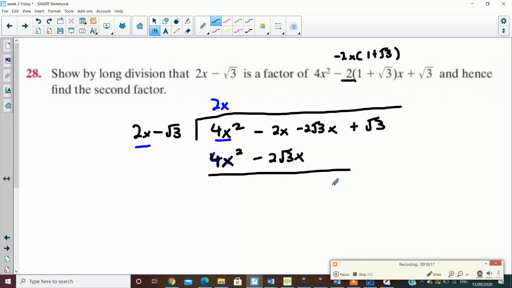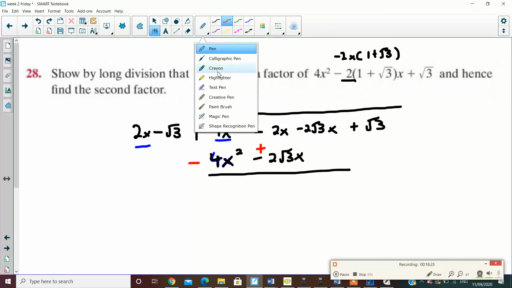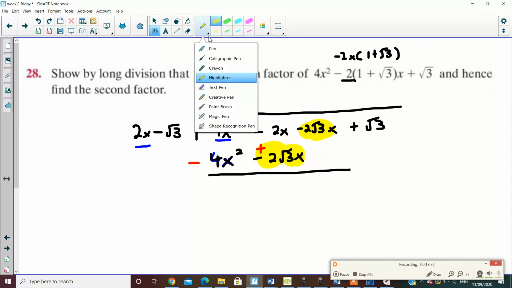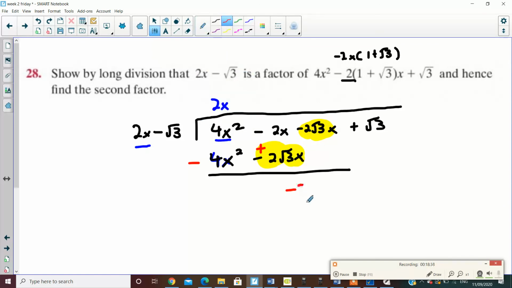So what happens on the next line? That turns to a minus and that turns to a plus. And then the two of these guys effectively cancel each other out, don't they? So what gets brought down is minus 2x plus root 3. And that's essentially the minus 1 version of it.